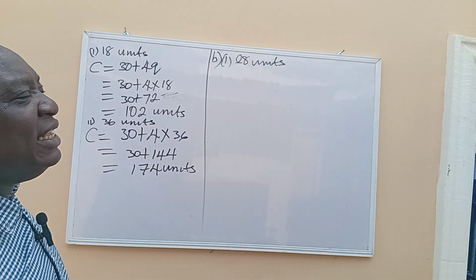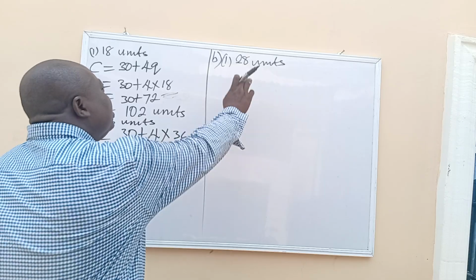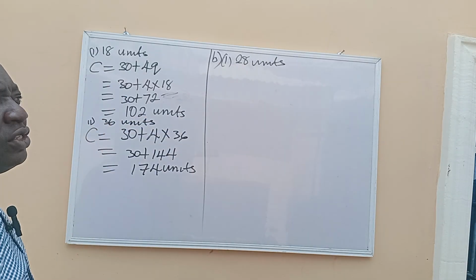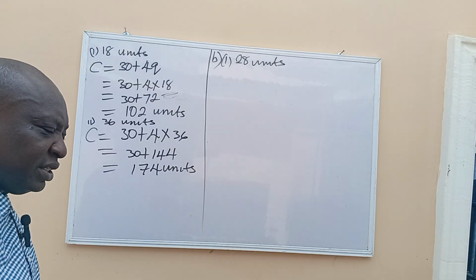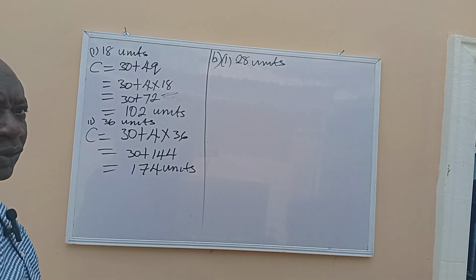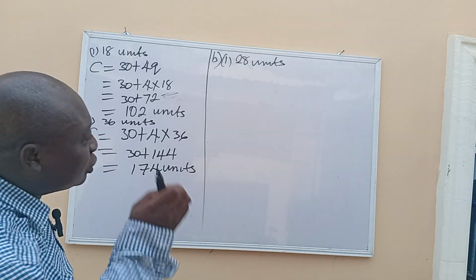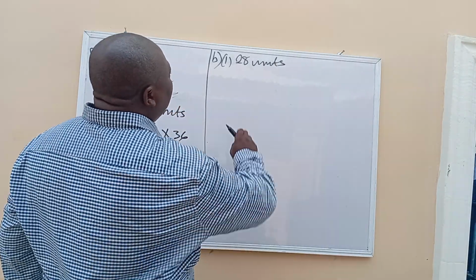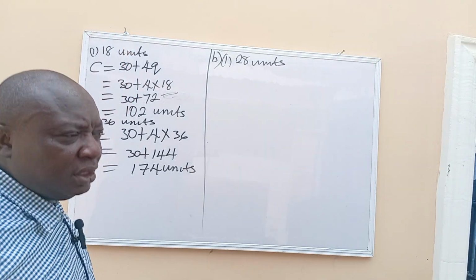The question is, what is the average cost of producing this? Average cost is talking about cost per unit. So the first thing to do is to get the total cost for producing 28 units.